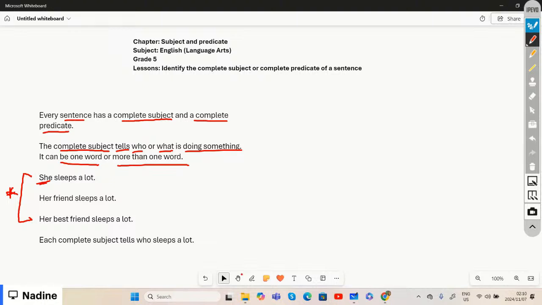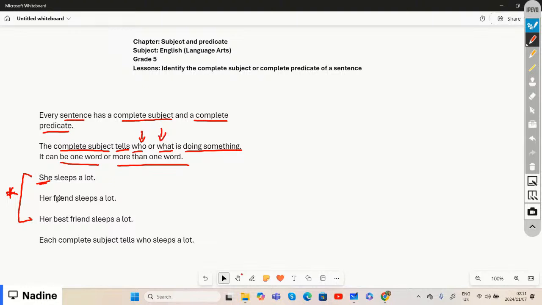For now, we're first identifying the complete subject that tells us either who is doing something or what is doing something.